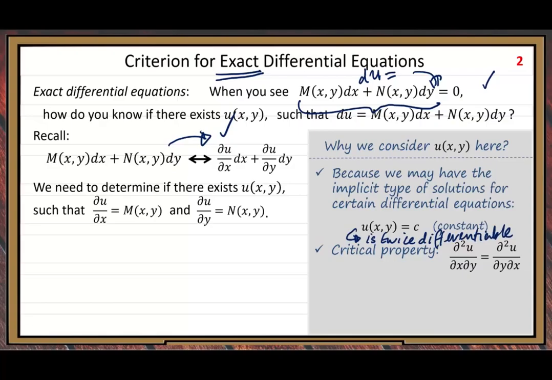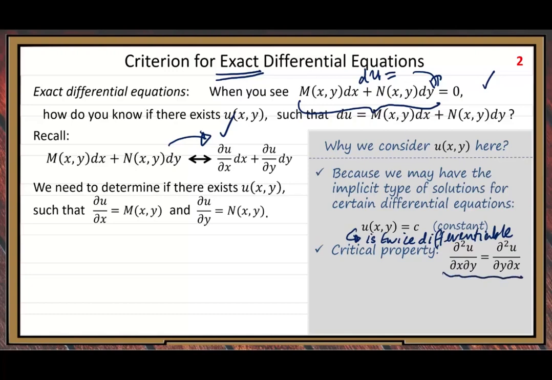Then, under some condition, because u has to satisfy some nice condition, we have this critical property.